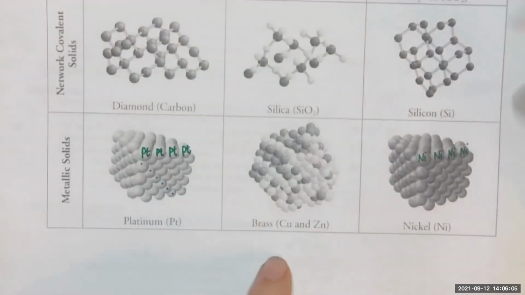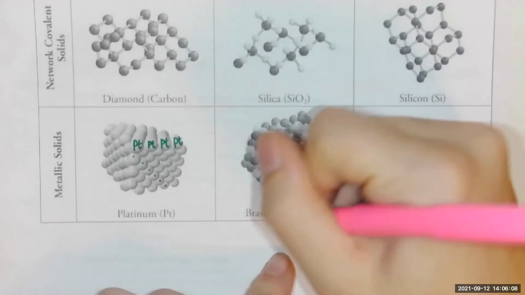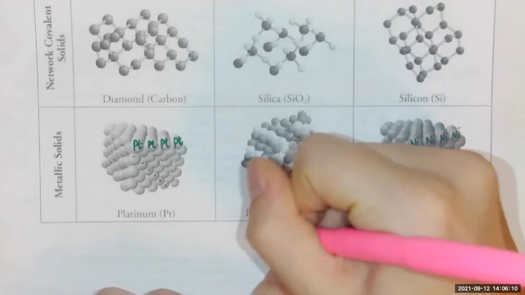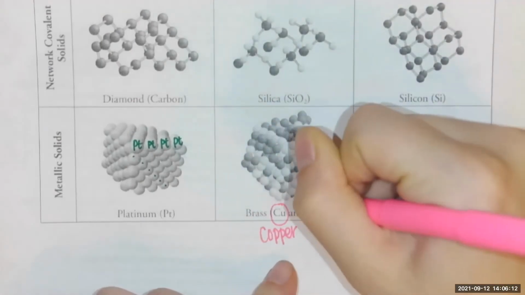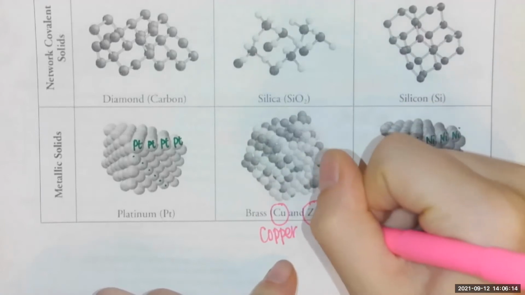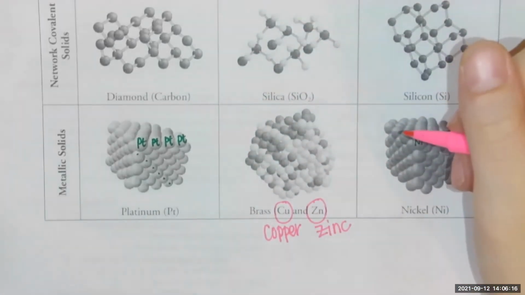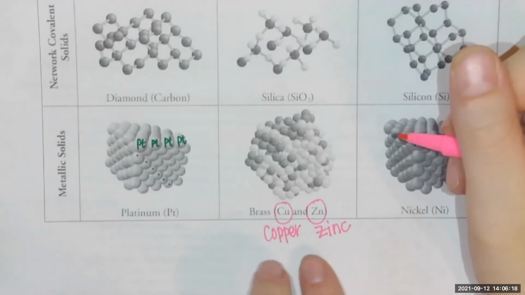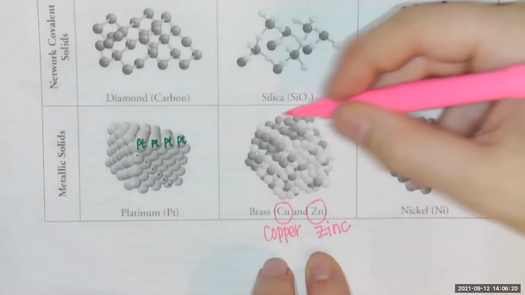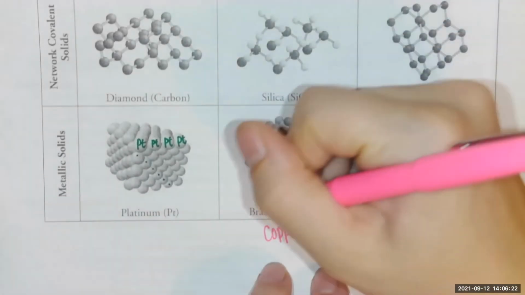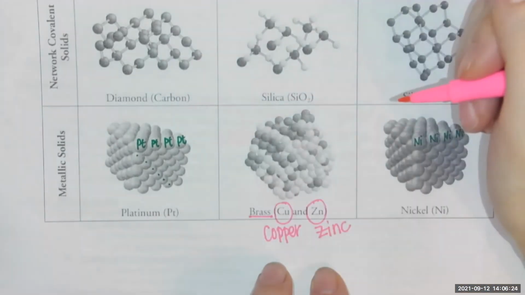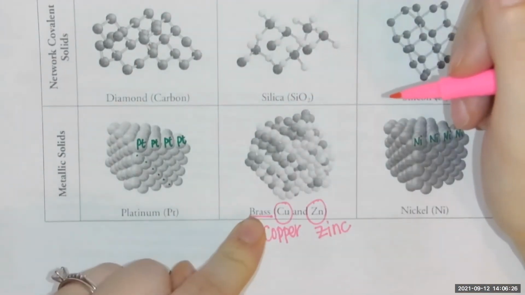When you start mixing together multiple things, like here we have copper, and Zn is zinc. Copper and zinc together, blending those metals, makes brass. Brass is not an element.